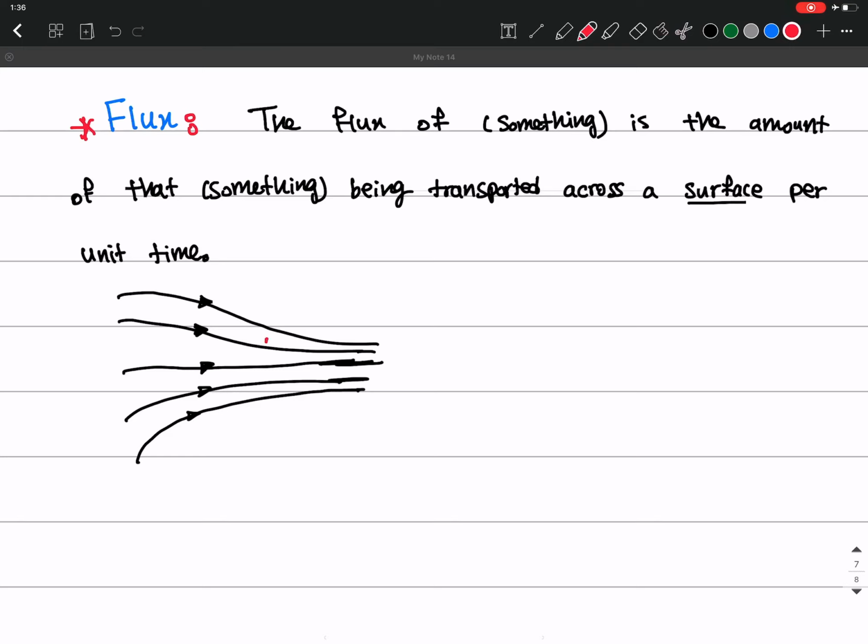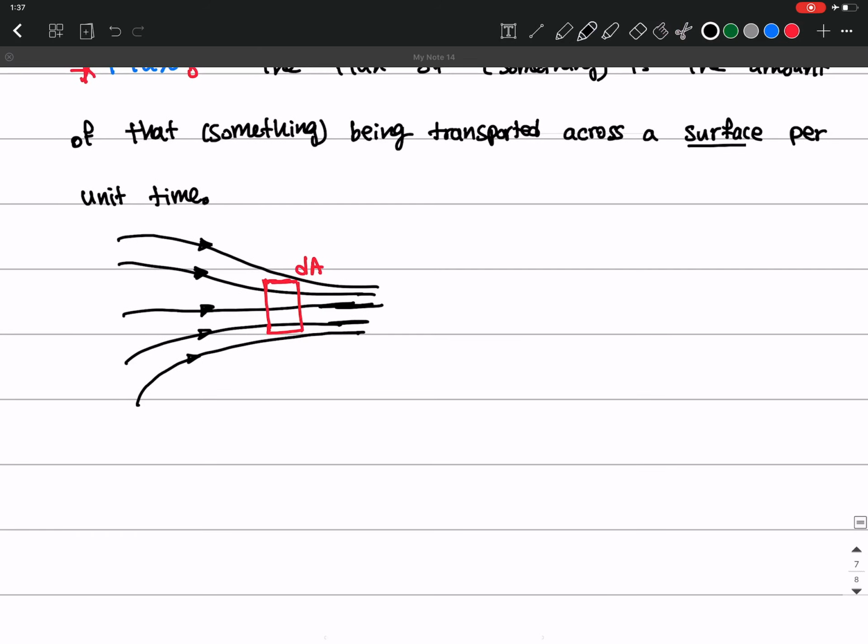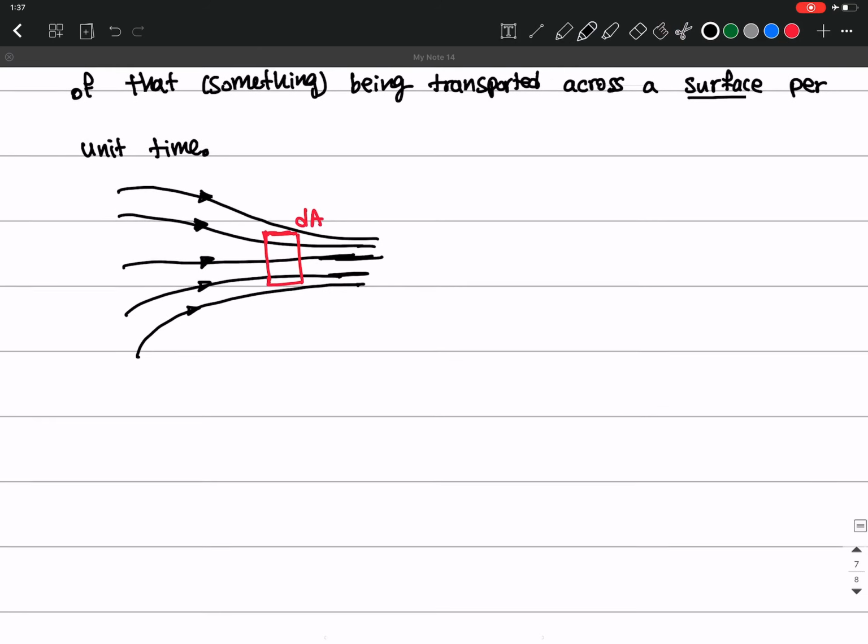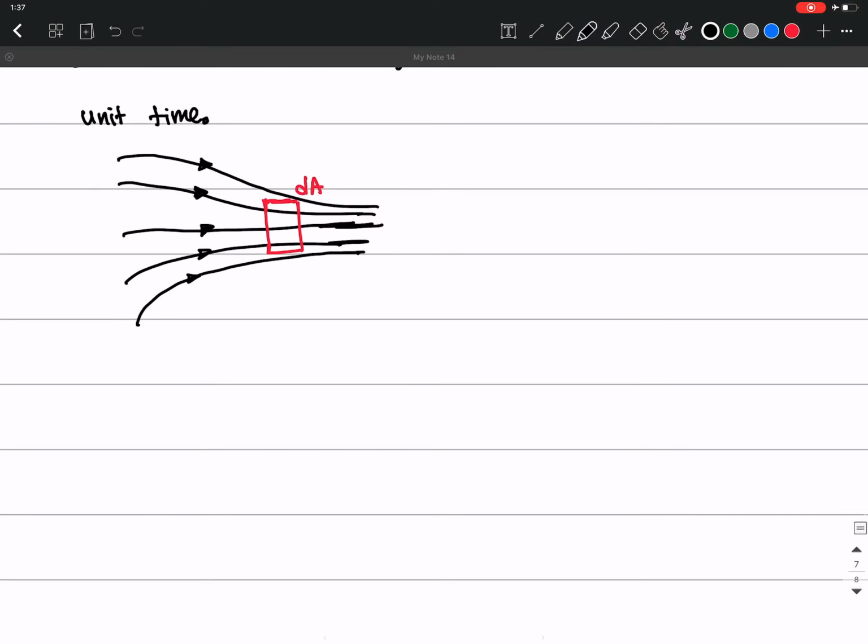So say I am going to define a surface like this, dA, and I want to see how much of that is being transported across this dA. In order to simplify this, we define a normal vector for that surface. So let's see what that is.